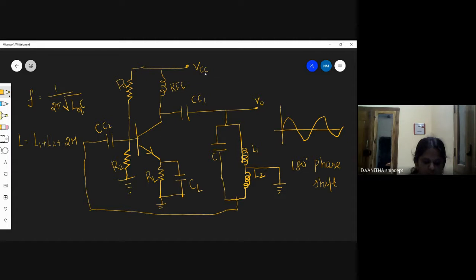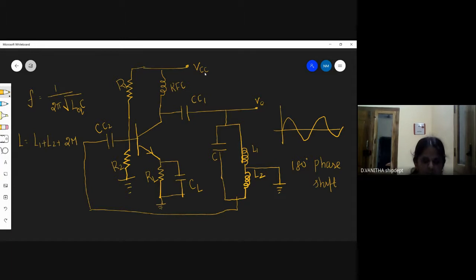So this is very useful for producing oscillations at high frequency. Here the phase shift introduced by the tank circuit is 180 degrees. There are some series fed Hartley oscillators available. These oscillators are used for the same purpose only.